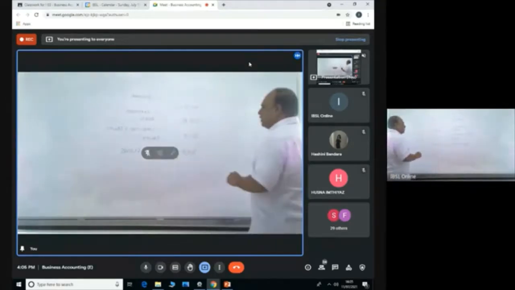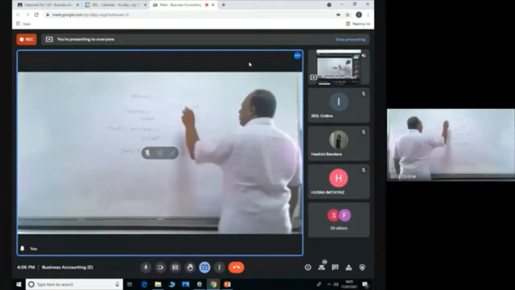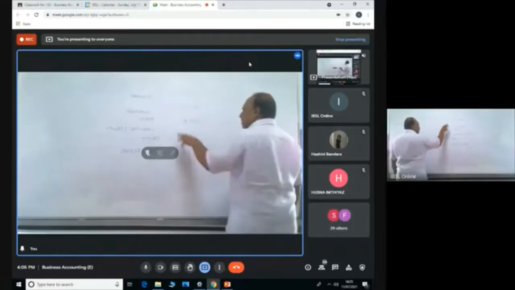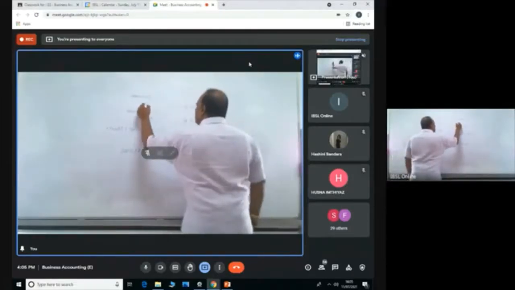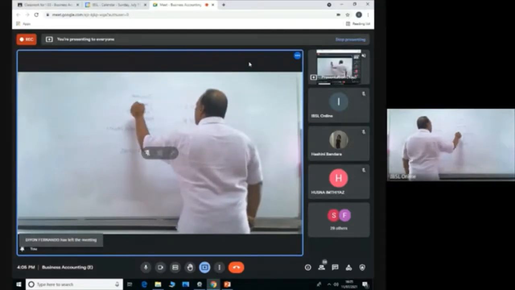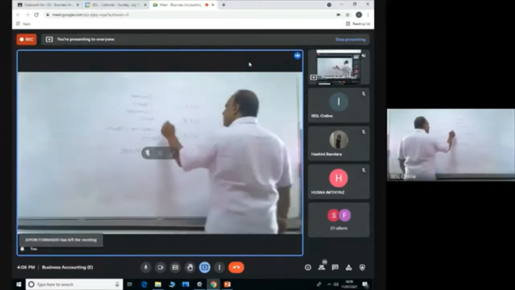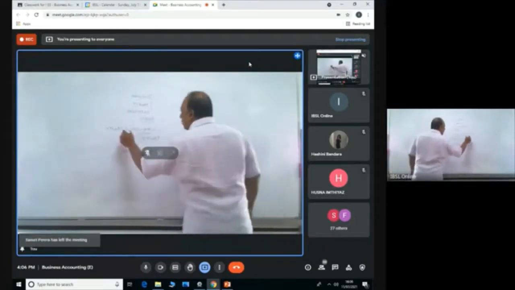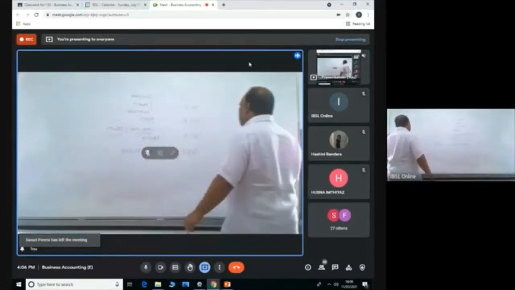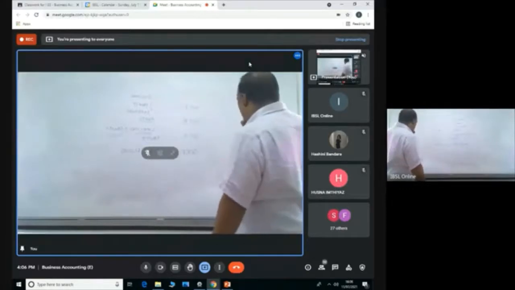What is the income of the company? What are the expenses of the company? So ultimately they know what their profit or loss is. Then what is the asset base of the company? How much of liabilities are there? How they are financed or how they get the capital.